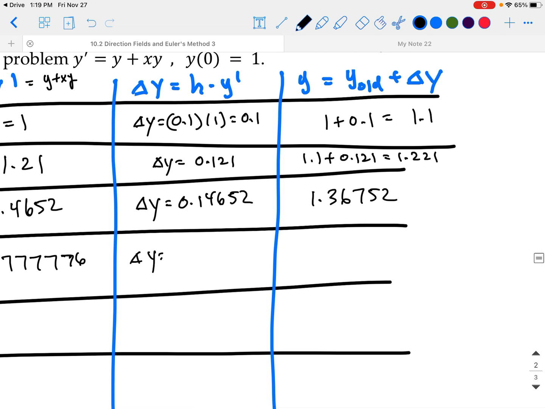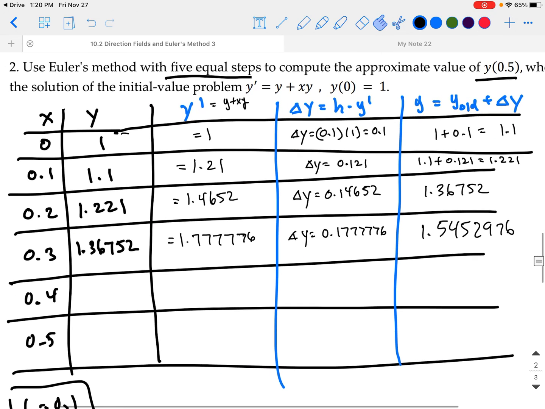Delta y is 0.177776. And our new value is going to be adding that on to 1.36752. So we get 1.5452976.